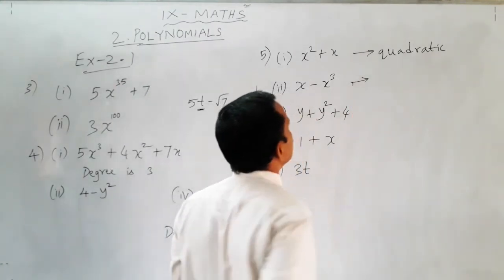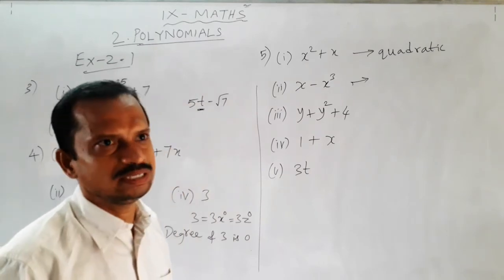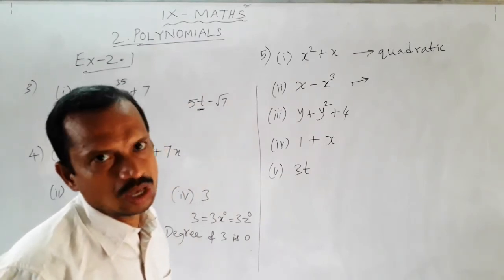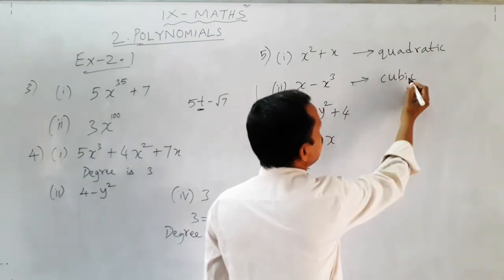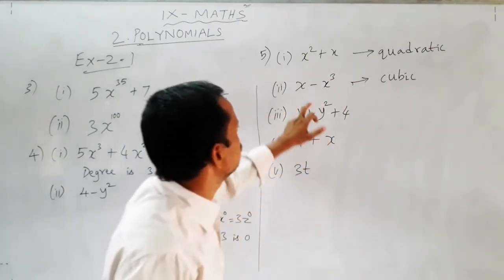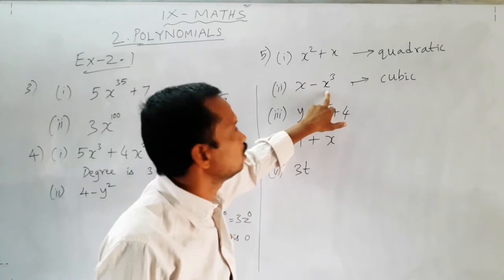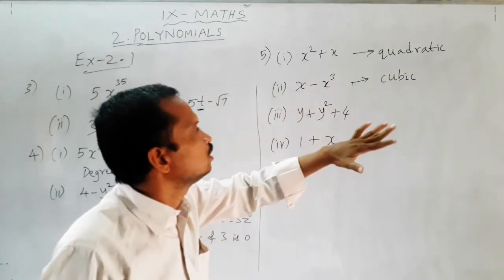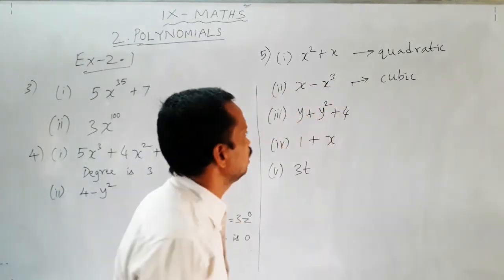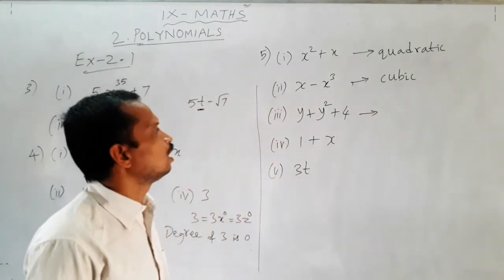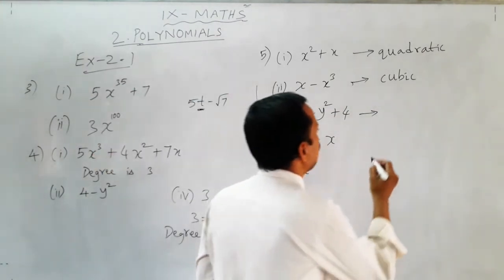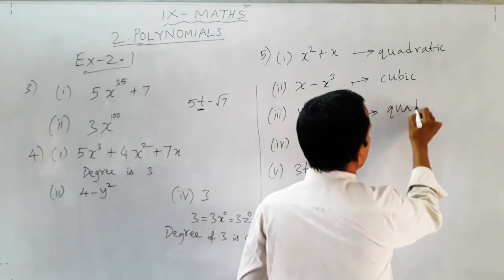And here you see x minus x cube. What is the degree? 3. So it is a cubic polynomial. The highest power you have to notice. Here the variable is x, the highest power is 3, that is the degree. So degree 3 means cubic polynomial. And here y is the variable and the degree is 2, therefore quadratic.